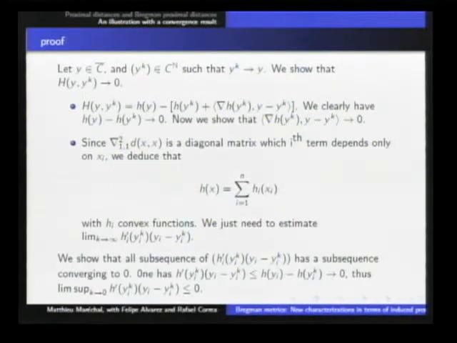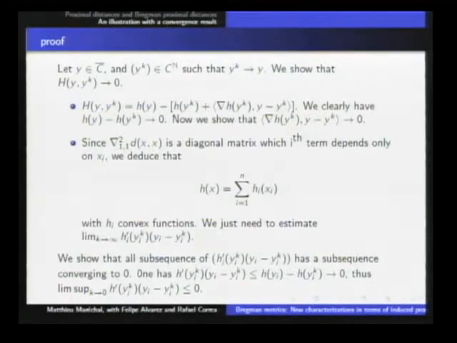The technique used is to show that every subsequence of this sequence has a subsequence converging to 0. We know that if every subsequence of a sequence has a subsequence converging to the same quantity, then the whole sequence converges to it.